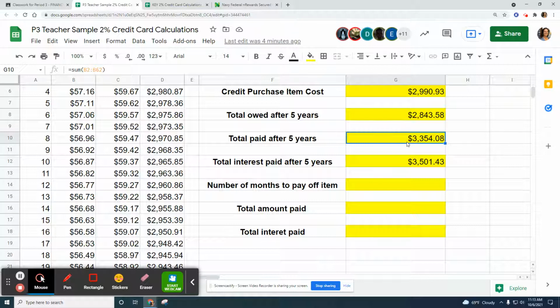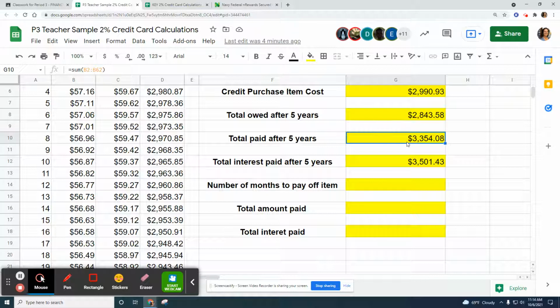What a great question. I'm only 5 years in. I paid way more months on this. Yeah, we have to go back to the balance. So this balance is going to go right here. So equal B2.